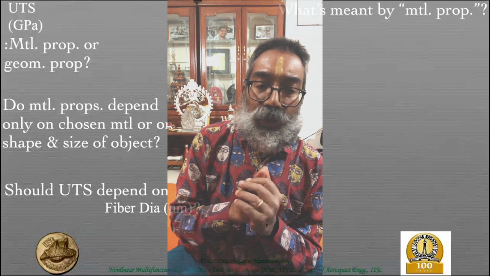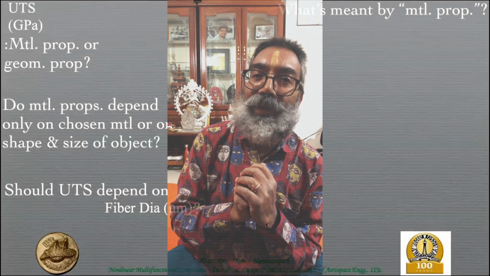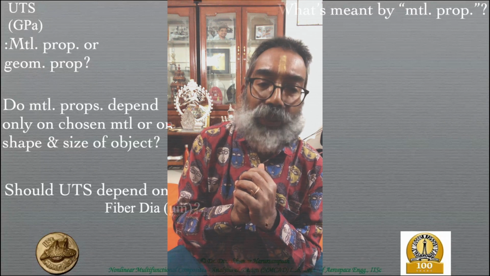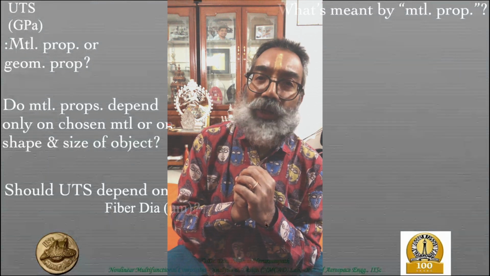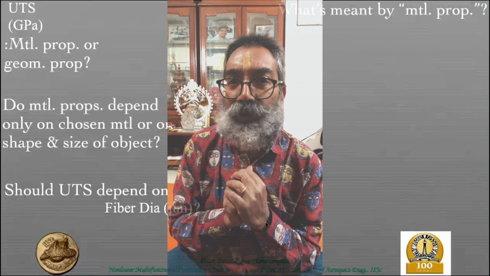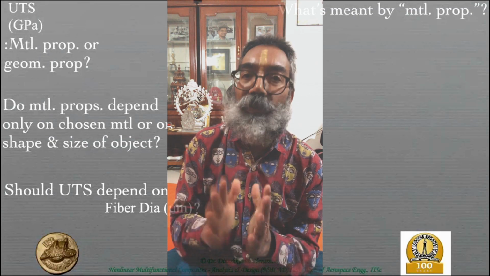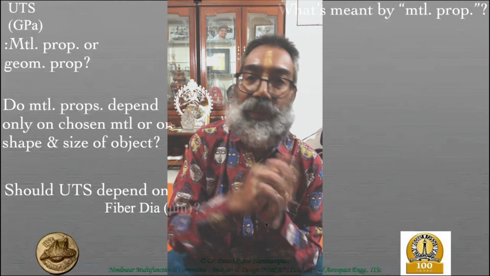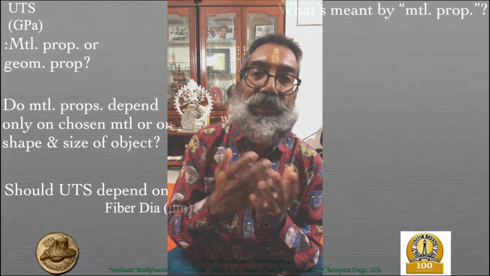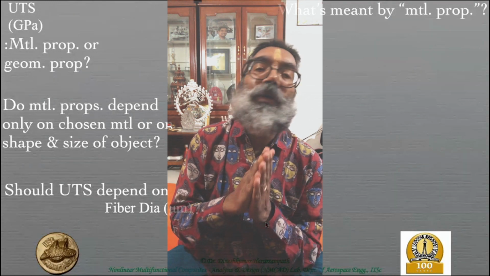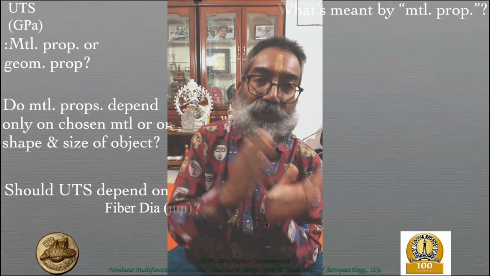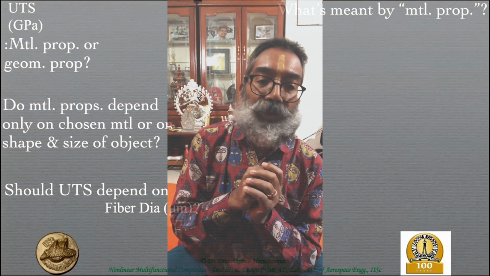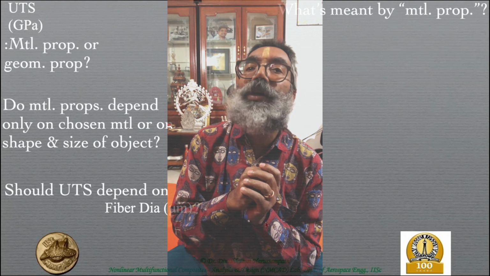So now, coming to the point that I'm trying to bring about through this whole exercise: should the ultimate tensile strength along the fiber direction in tension for a given material, let's say a particular carbon fiber, like the many examples that we saw, say a T300 fiber, one particular manufacturer making a particular kind, should this ultimate tensile strength depend upon the fiber diameter?